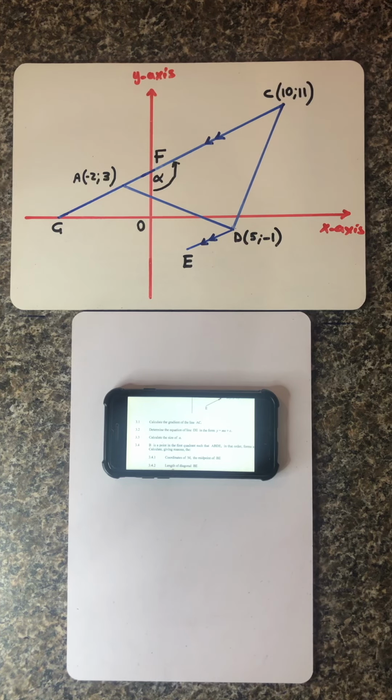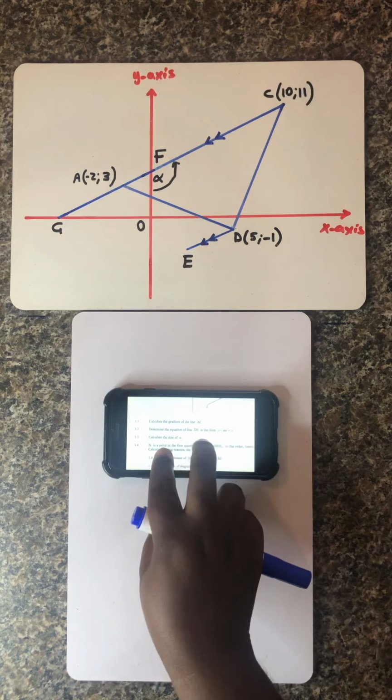I hope you can't wait to start with our first question, ladies and gentlemen. So guys, the first question, which is 3.1, says calculate the gradient of the straight line AC.